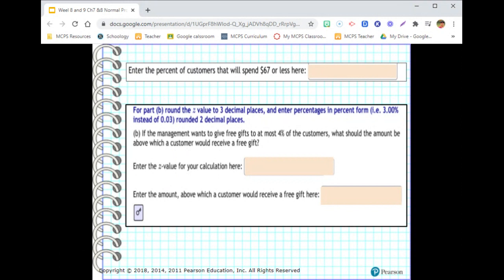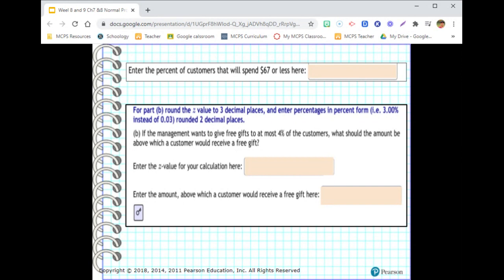Enter the Z value for your calculations and then enter the amount above which a customer would receive a free gift. All right. So first, you only want about 4%. You want to give gifts to the customers who spend above a certain amount, more than the mean.